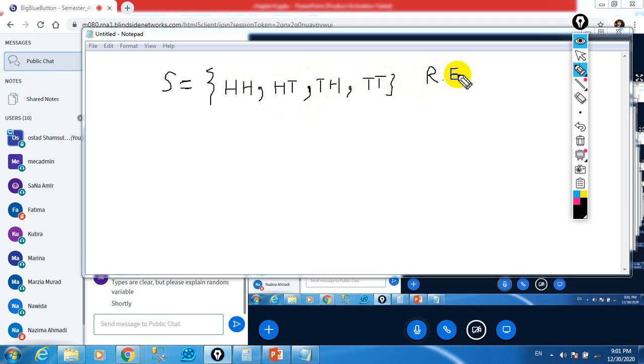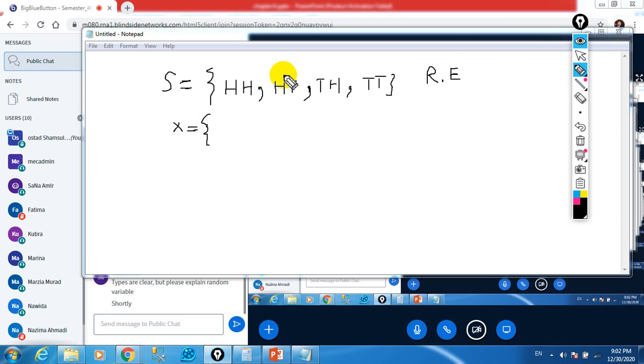If we are tossing a coin, that is a random experiment. So here I have done a random experiment. Now how will we take a random variable from this? For example, I want to find the number of heads that appear once.